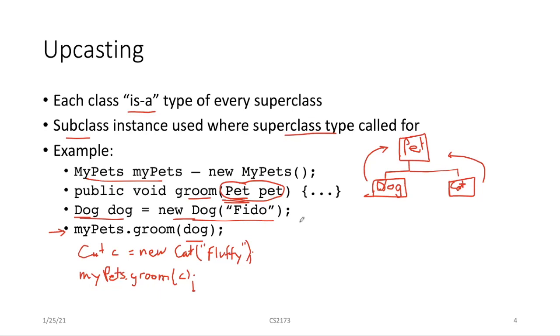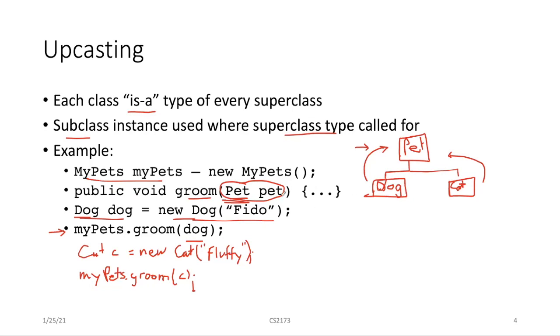Like in this method here, where it's expecting a pet, the only difference is that I can only do pet things to it. I can only do things that are defined in pet in this groom method. For example, remember dog had a bark.